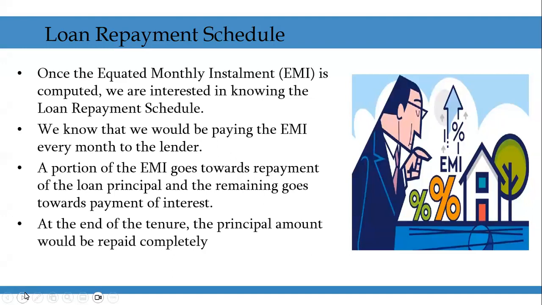When a loan is repaid through EMIs, the total EMI payment over the life of the loan takes care of payment of principal amount as well as the interest component, which means each EMI has two components, one representing repayment of principal and the other representing interest payment. At the end of the tenure, the total of the principal repayments will become equal to the amount of loan taken by you in the beginning.